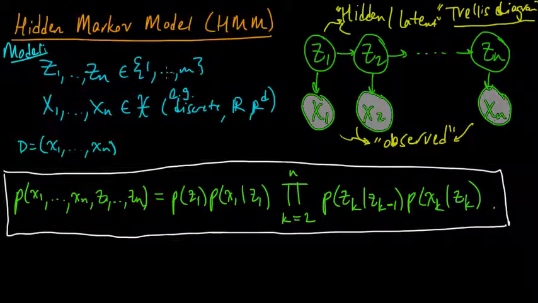So this would be like 1 to 26, or if you want capitals and other stuff, all the symbols that you might have written, and that would be the hidden thing. And then the next letter is not going to really depend on the particular way that I wrote the H. It's going to depend on the fact that it was an H.